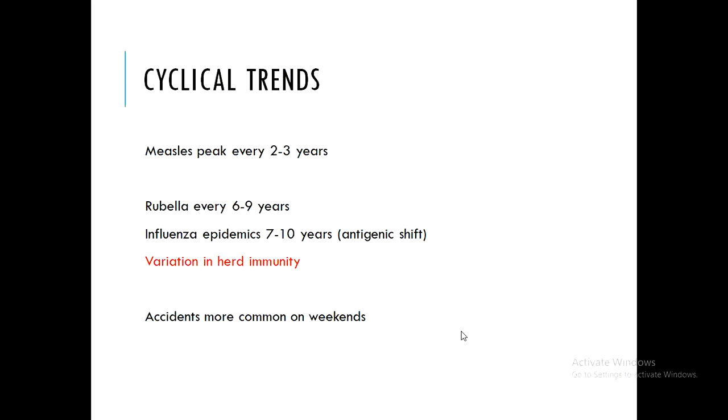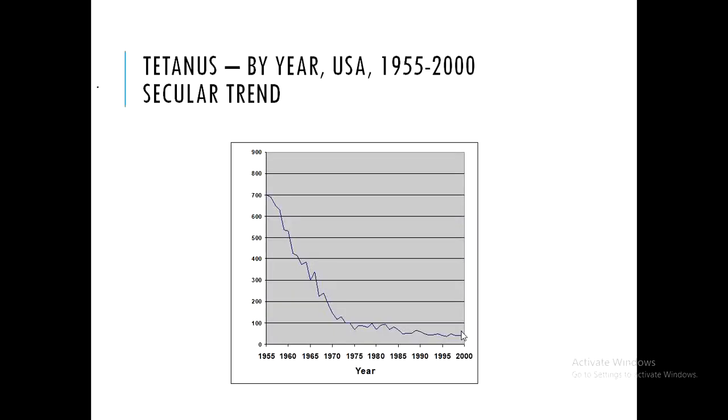So variation in herd immunity presents with the disease cyclical trends, in which the disease appears in cycles at different intervals.